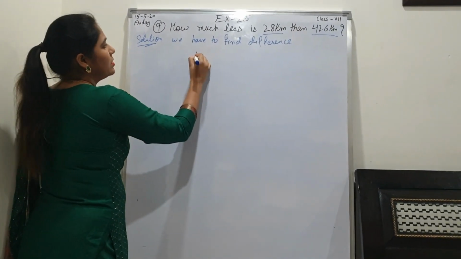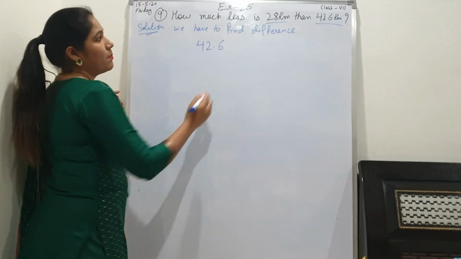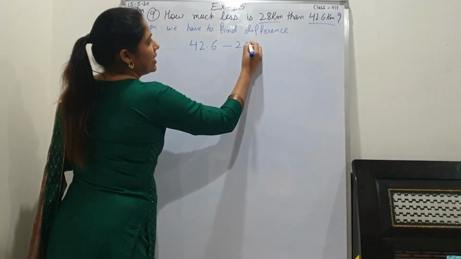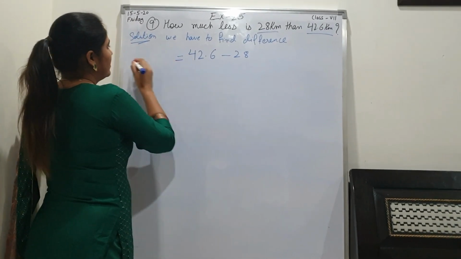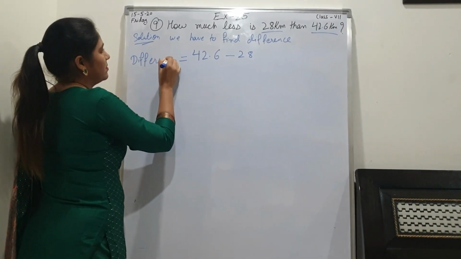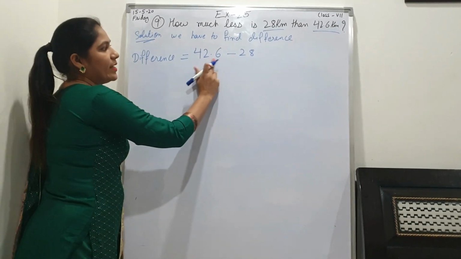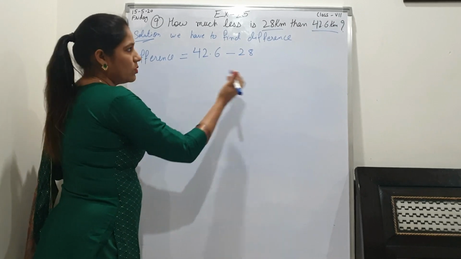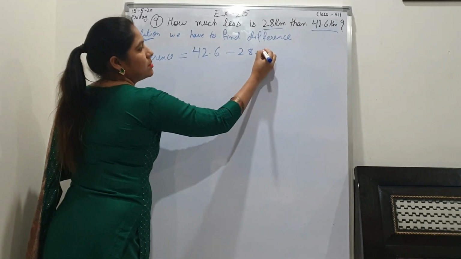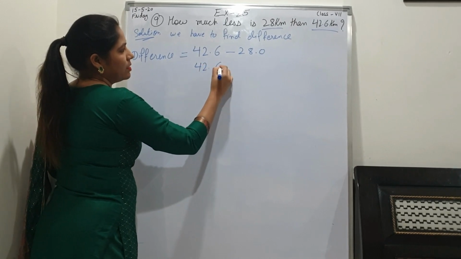So what we will do, it's very simple. 42.6 kilometer minus 28 kilometer. That is our difference. Now we have to convert into like decimals. After the point there is 1 decimal place, here there is none, so we can put 0. Now it's like decimals.